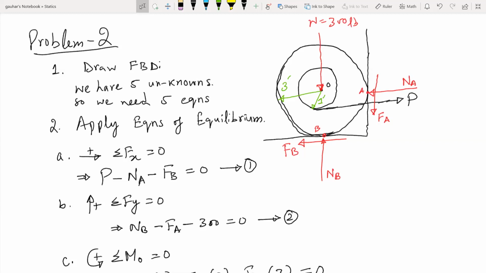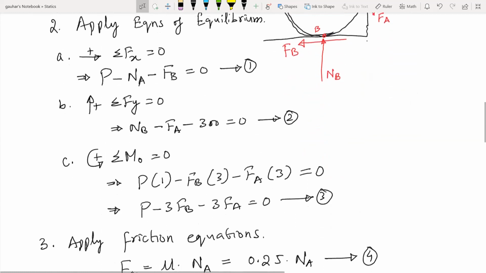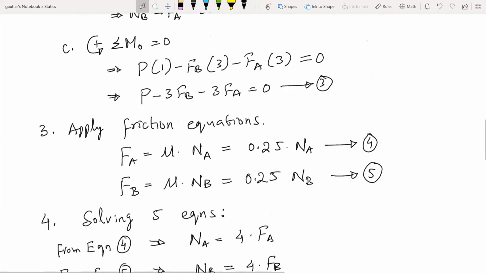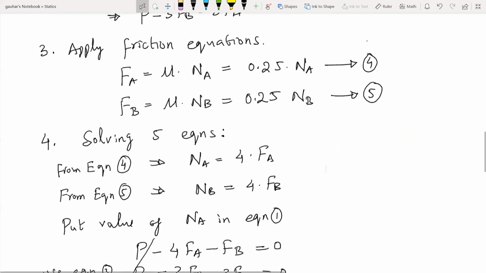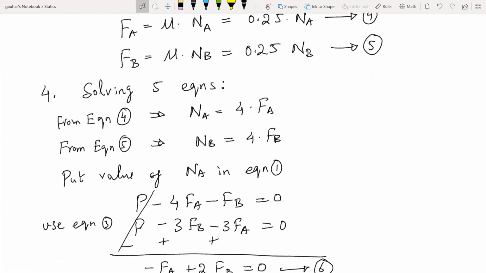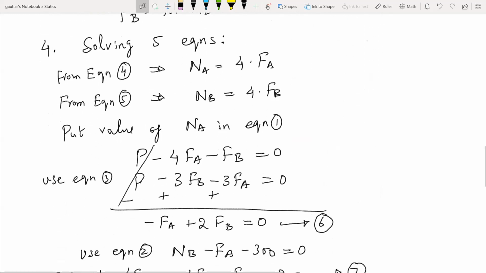So in total, we had 5 unknowns, so we needed 5 equations, right? We had 3 equations of equilibrium and 2 equations of friction. So in total, we had 5 equations, and we made these 5 equations in this manner, and then we were to solve these 5 equations for these 5 unknowns. So you can use any method to solve these equations.